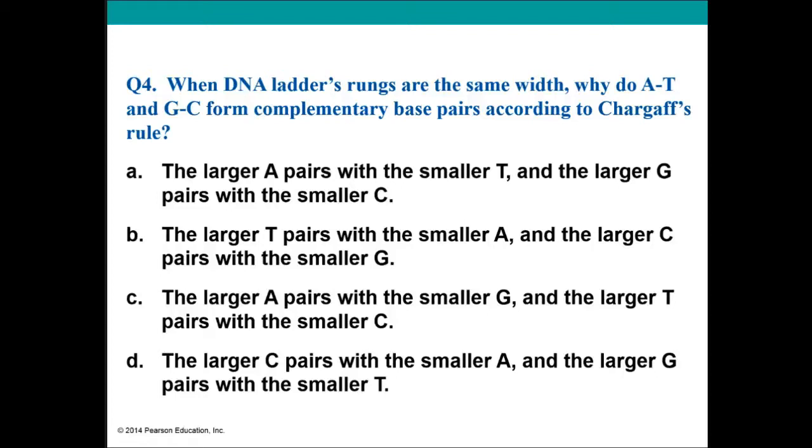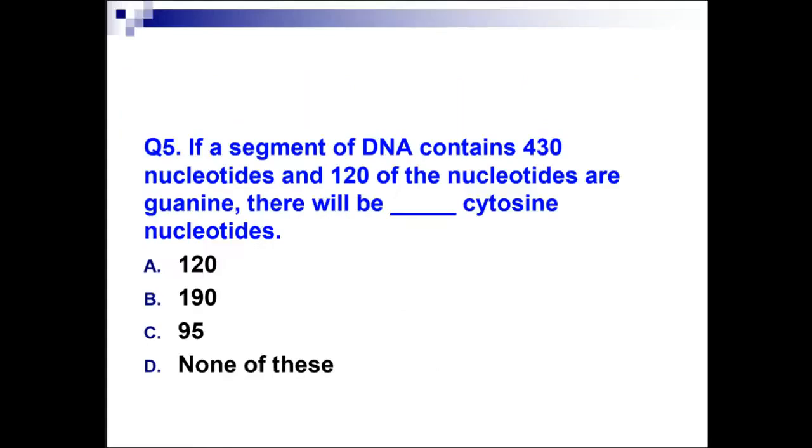Choose the correct answer. Question 5. If a segment of DNA contains 430 nucleotides and 120 of the nucleotides are guanine, there will be how many of its complement cytosine?